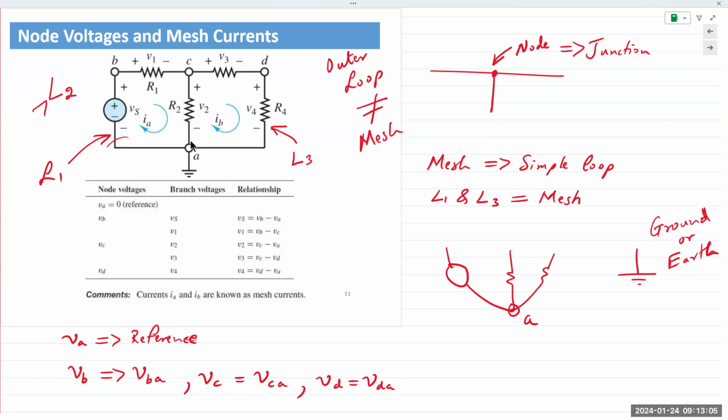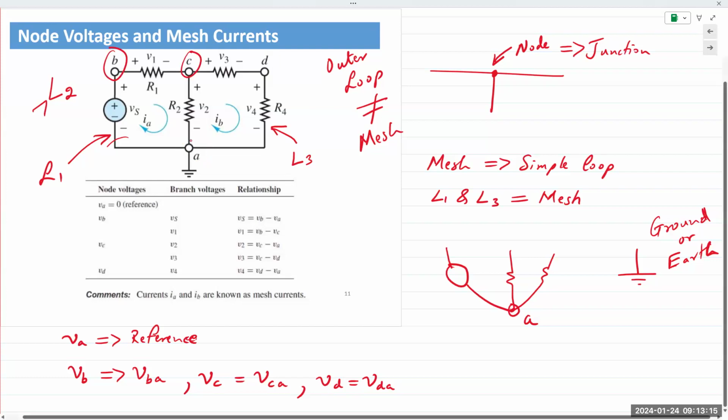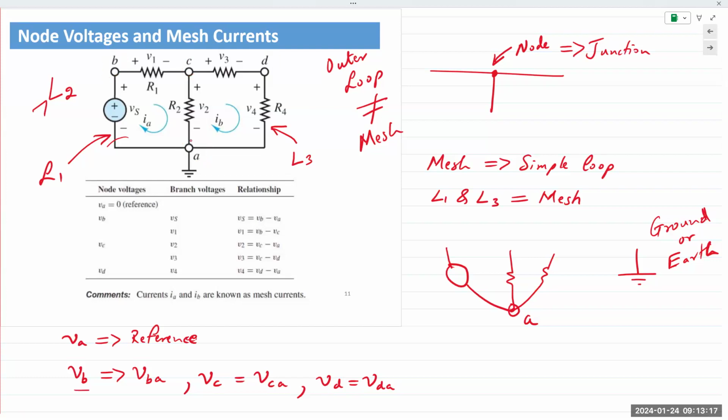So if VA is my reference node and I wish to measure voltages at the other three nodes in the circuit, I can simply write VB, the node voltage at B, is simply the voltage measured at B with my reference at A. If this was a meter, I would connect the positive terminal to B and the negative to A, which if you're taking E251, the lab class, you would have done.